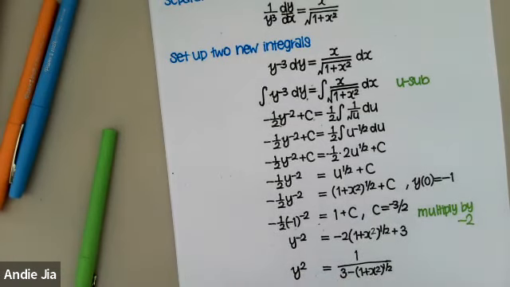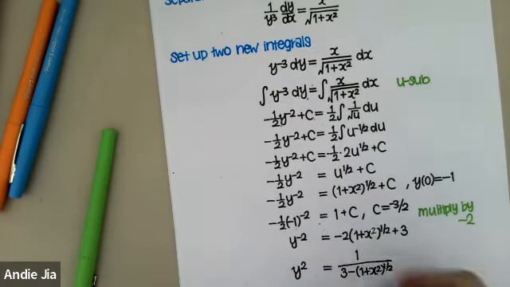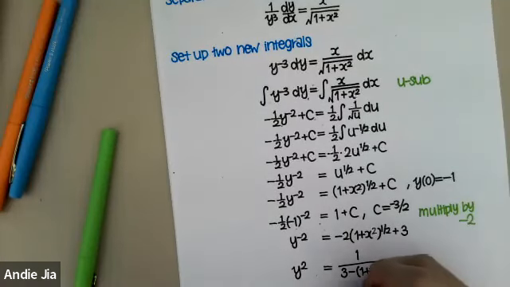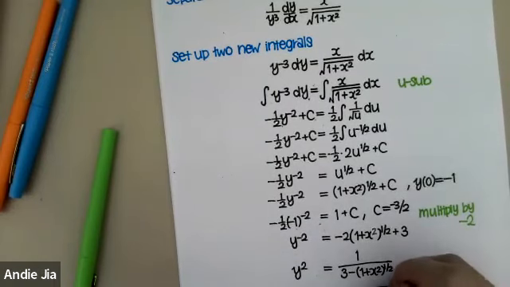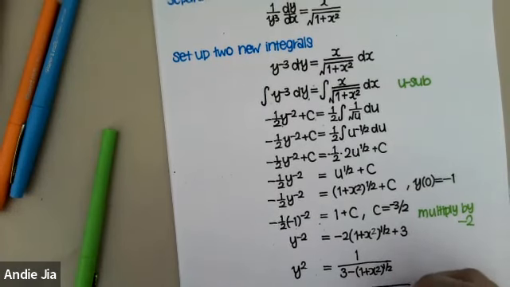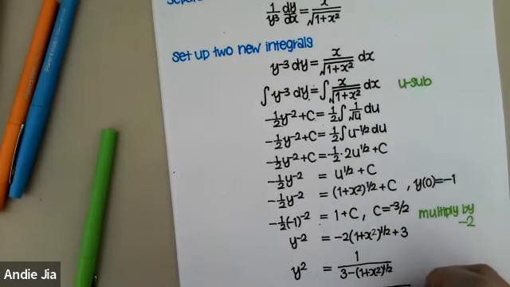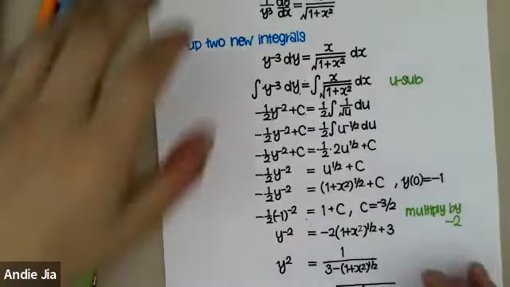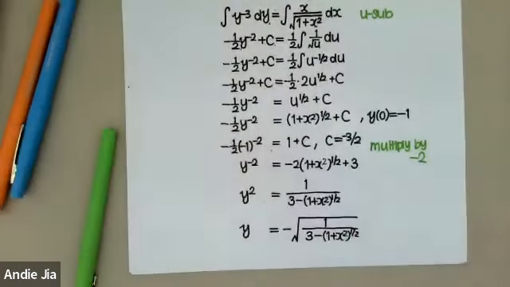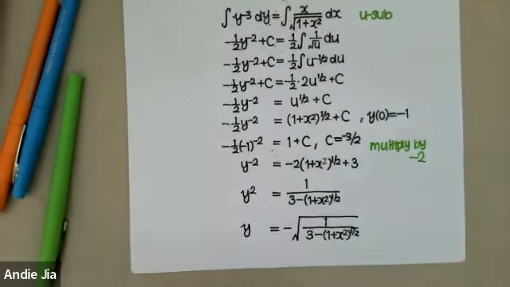If you take the negative sign, you're going to get a very nasty expression. So it's 1 over 3 minus (1 plus x squared)^(1/2). That is your final expression of this separable differential equation.